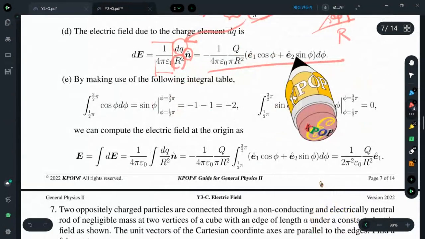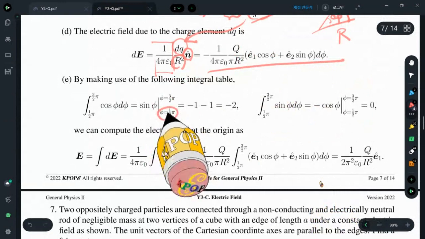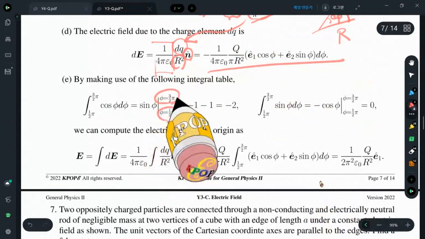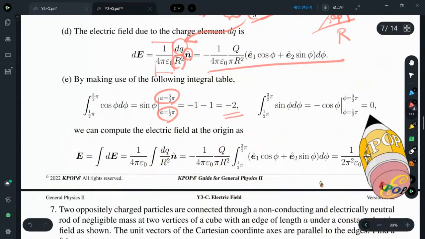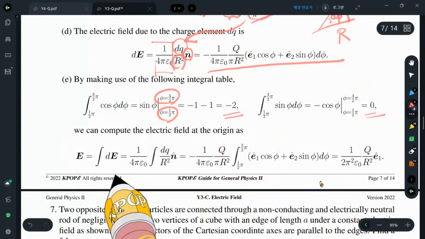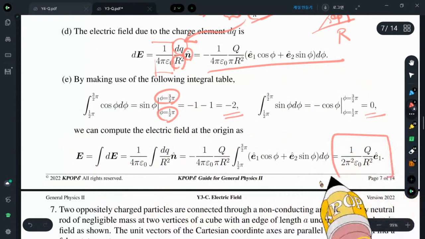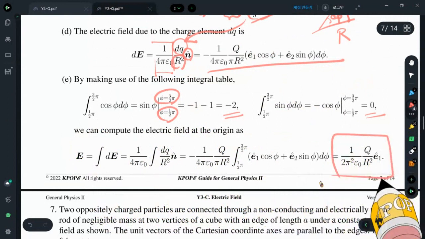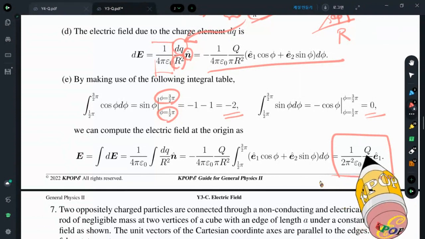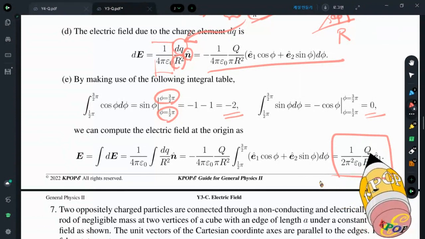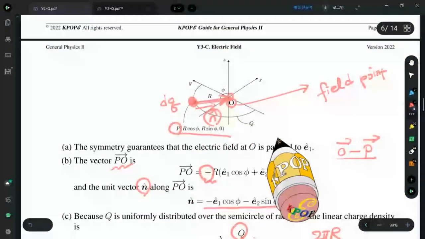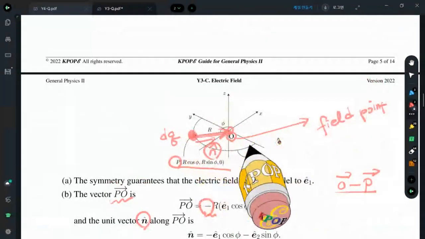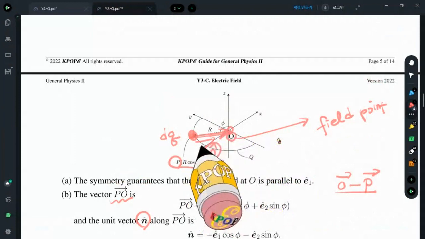And there is a trivial integral from 1/2 of pi to 3/2 of pi. An integral table can be used to find the value for the electric field at the origin. As we have expected, if charge Q is positive, it is toward the x-axis. If the charge is negative, it is backward.